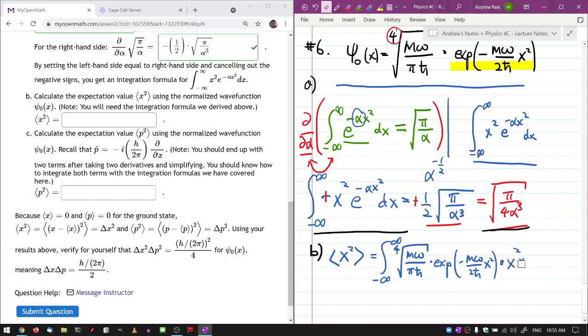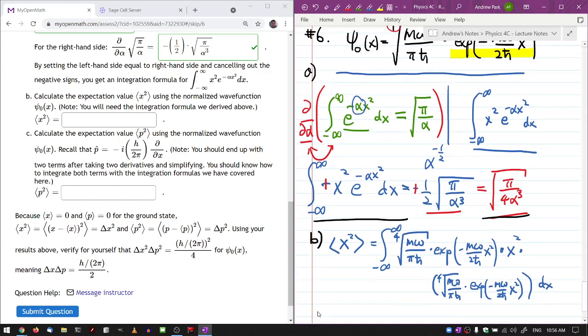I need to write it on the second line, so it's going to be the same thing again, the fourth root of m omega over pi h bar times exponential of minus m omega over 2h bar x squared dx. All right, that's my entire expression.